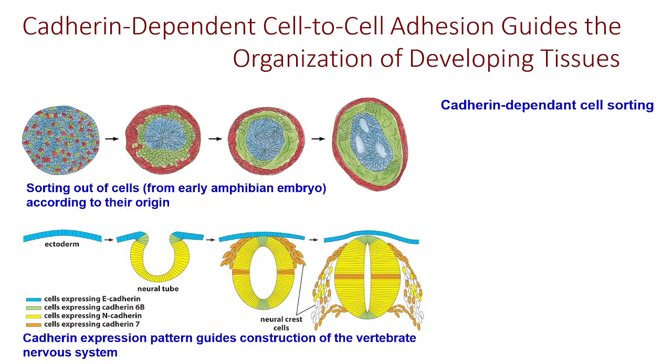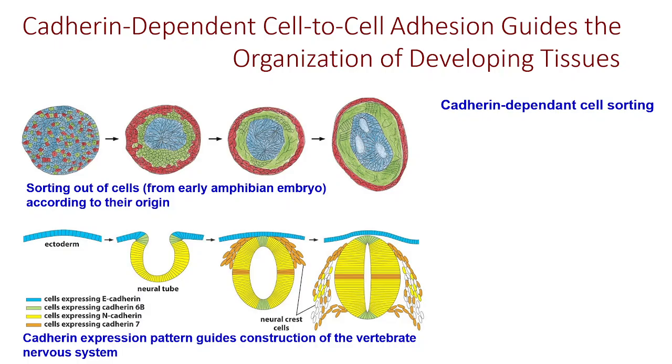So, cadherin-dependent sorting and tissue organization, where cadherin expression patterns drive cell sorting during development. Cells expressing the same type and level of cadherin preferentially aggregate together, while those with different cadherins segregate into different layers or structures, as we see in early amphibian embryos.